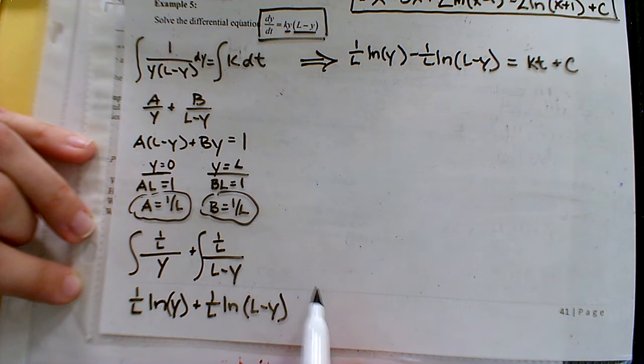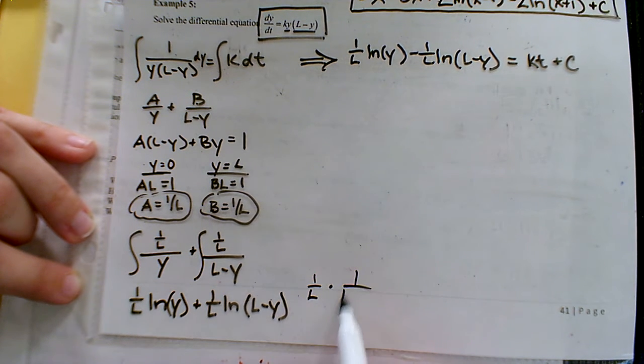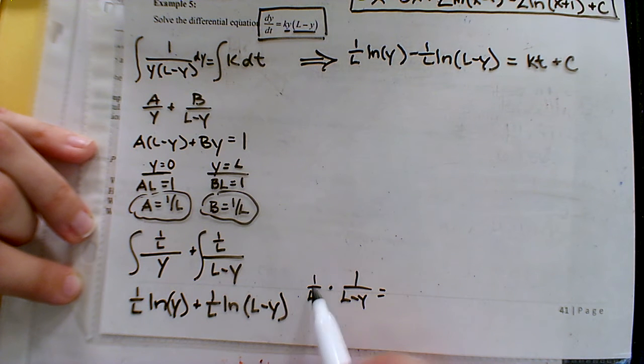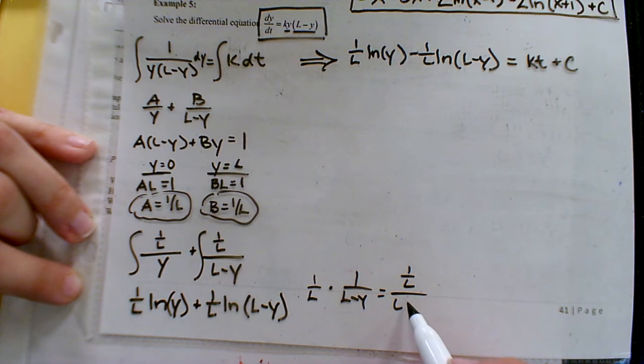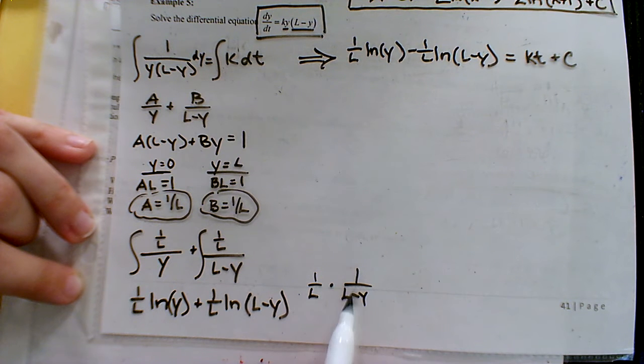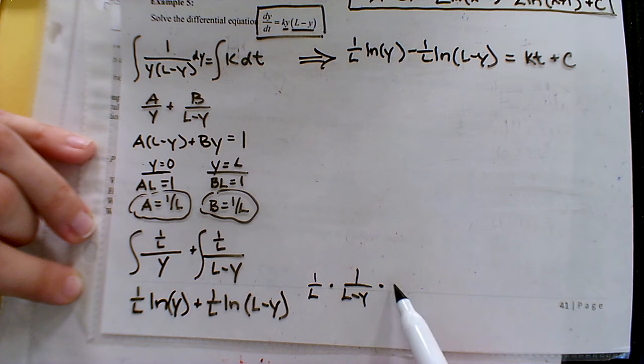If I took the derivative of this, you don't have to write this down, I just want you to look at it. You would keep the coefficient, then multiply by 1 over the inside, which would be L minus y, times the derivative of the inside. If L is a number, the derivative of negative y is just negative 1.